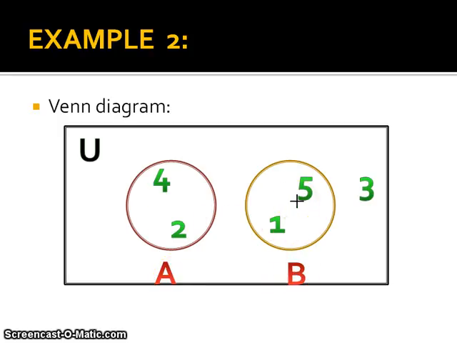As you can see, we have disjoint sets because there are no elements in common in A and B. So we can say that the complement of A are the elements outside A. What are those elements? 1, 5, and 3. And the complement of B are the elements outside B. Those are 2, 3, and 4.